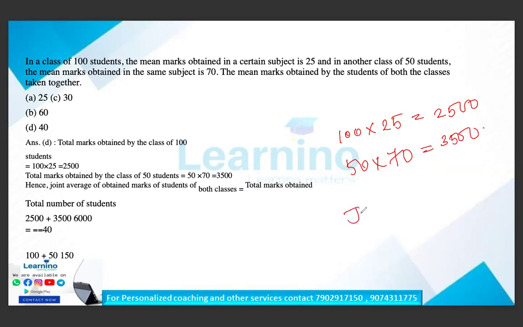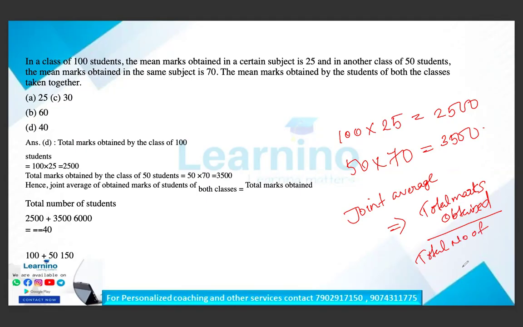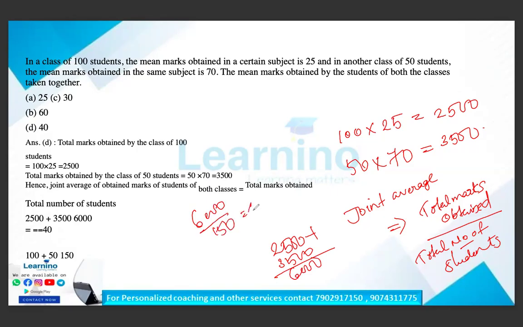So the joint average will be total marks divided by total number of students. That will be 2,500 plus 3,500, that is 6,000. 6,000 divided by 150 is equal to 40. 40 will be the answer of this question.